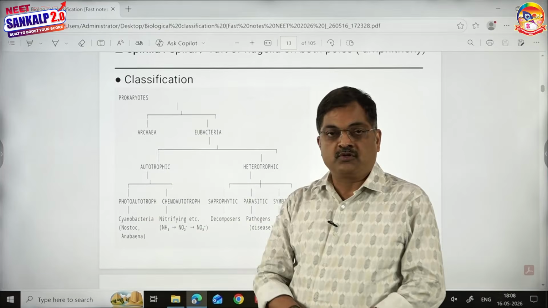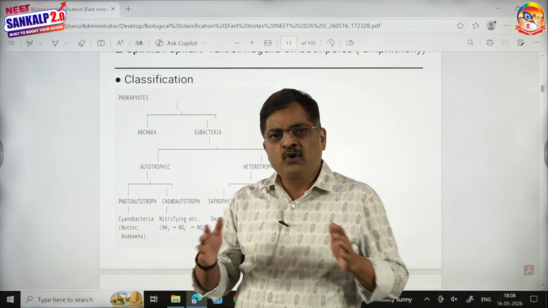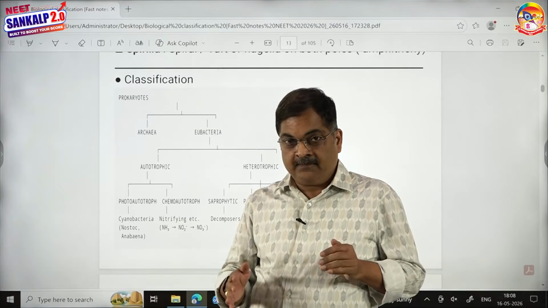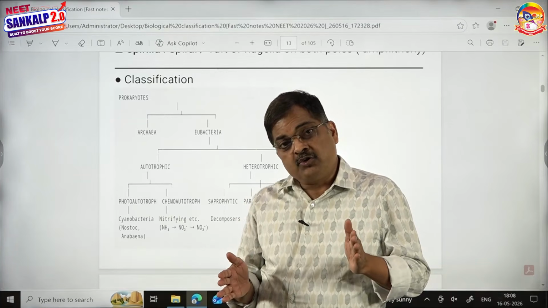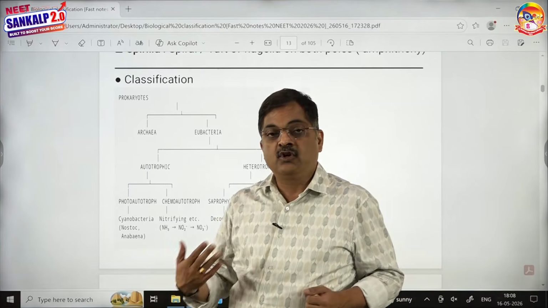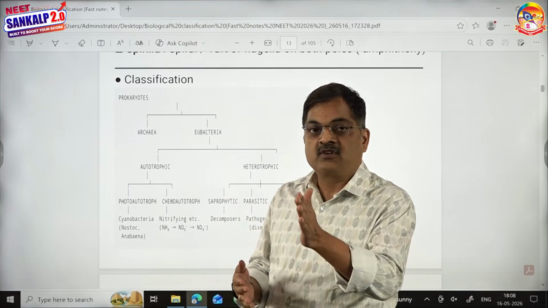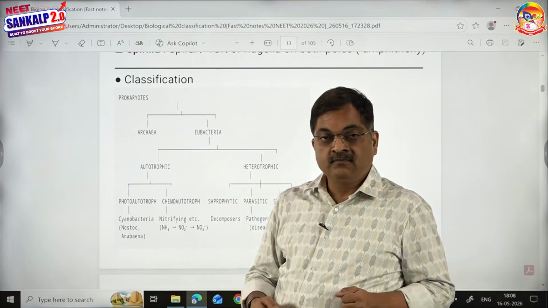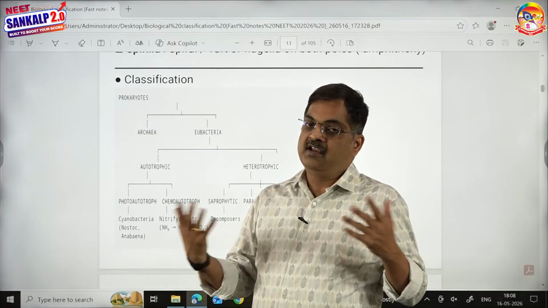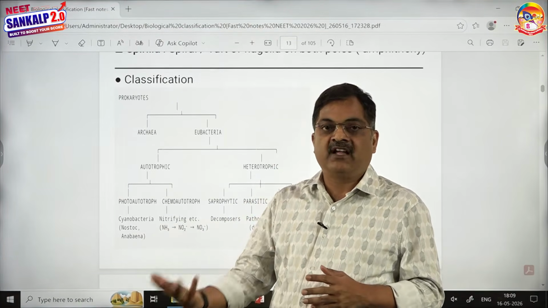Coming to photoautotrophs. Broadly, I divide photoautotrophs into two types. Listen carefully. Those photoautotrophs which are oxygen liberating, for example blue-green alga, during photosynthesis water gets oxidized and oxygen gets liberated. Those photoautotrophs in which sulfur compounds get oxidized, therefore oxygen is not liberated, sulfur gets liberated.